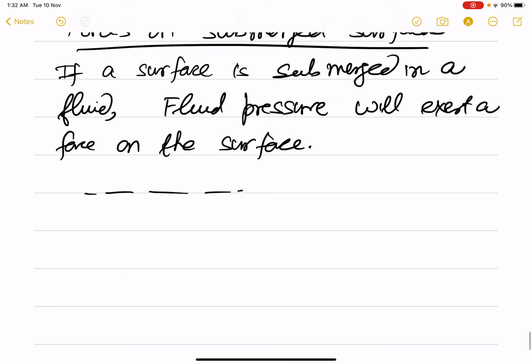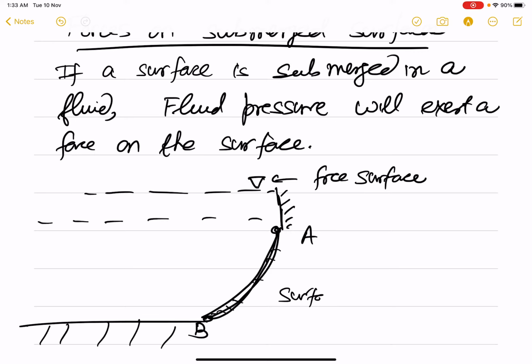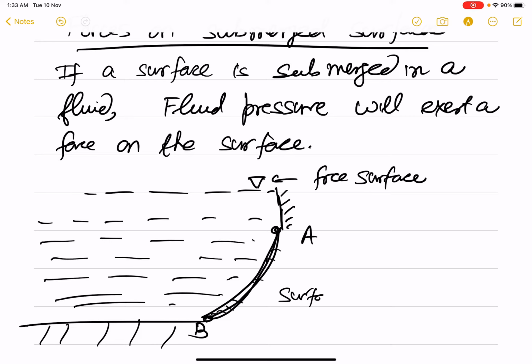So for example, let us say we use this symbol for free surface, the inverted triangle. And let us say there's a surface like this. So this thing which I have shown is a surface. Maybe it is connected like this from the straight part. I'm interested in this surface, AB. And let us say there is water or some fluid along this side.